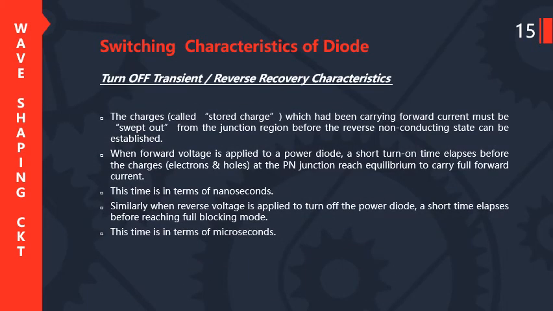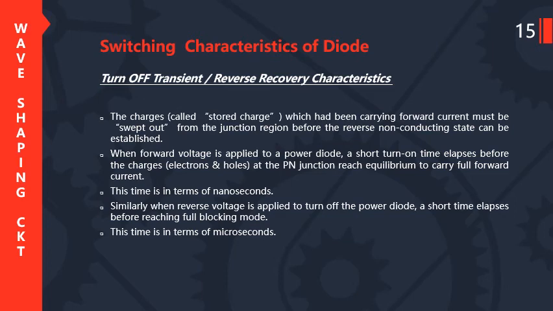This charge is called stored charge, which had been carrying forward current, and it must be swept out from the junction region before the reverse non-conducting state can be established.